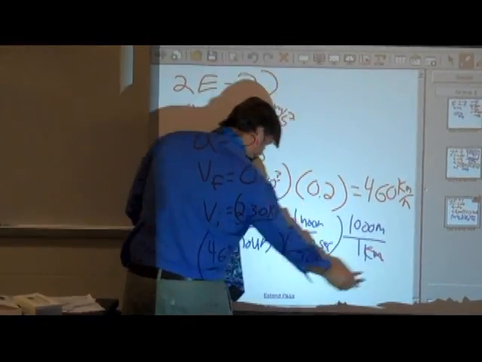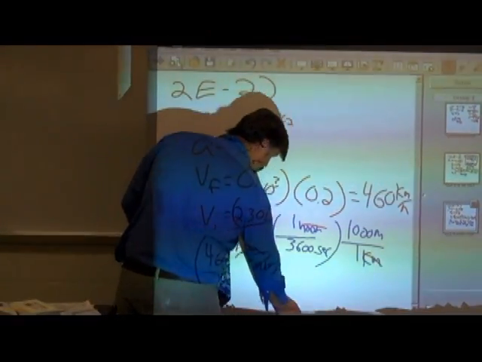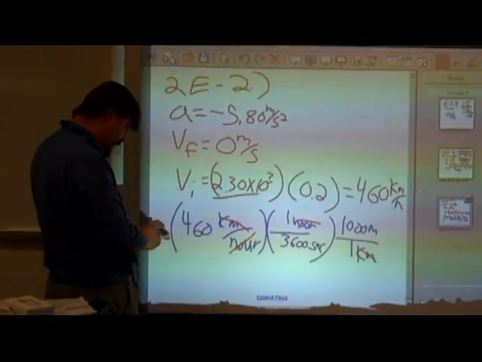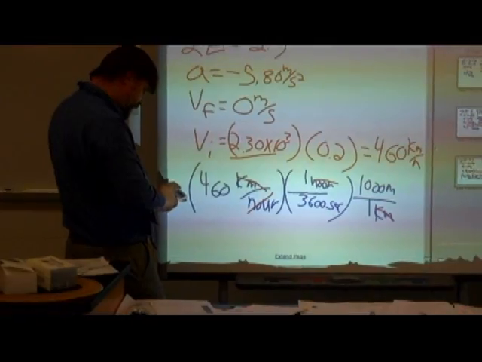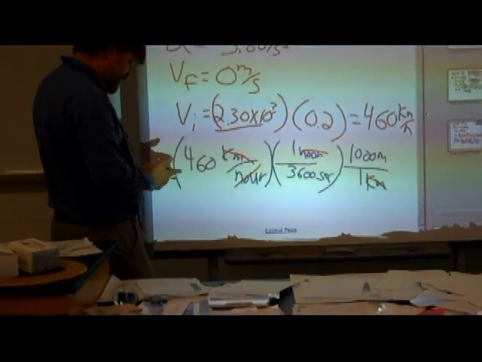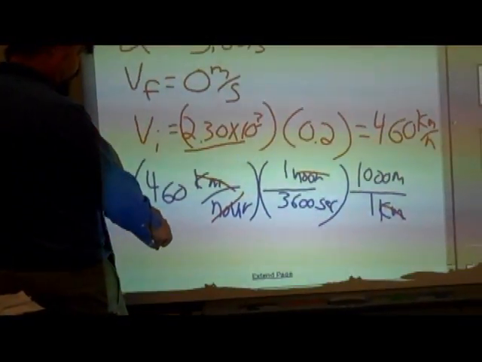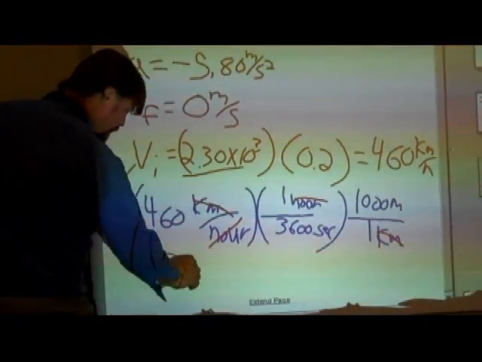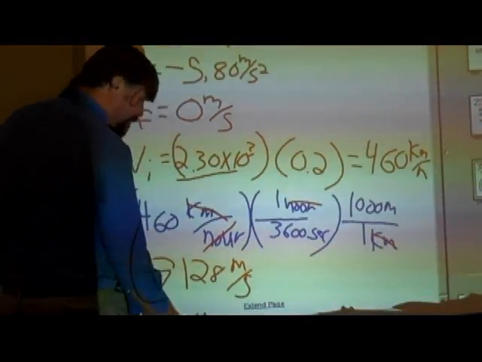So you see that kilometers and kilometers cancel out, and hours and hours cancel out. So we're stuck with 460 times 1,000 divided by 3,600, and we get 127.7 repeating. So we can put in here 128 meters per second. So our initial velocity is 128 meters per second.